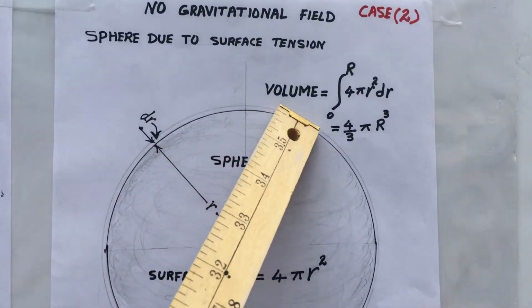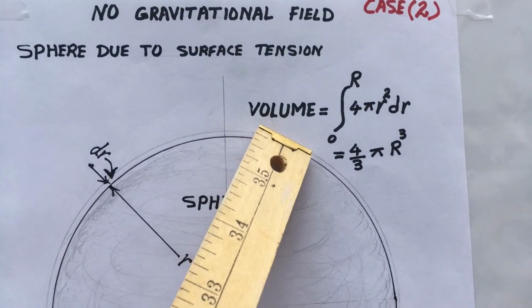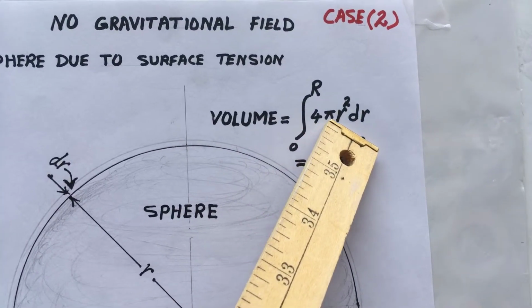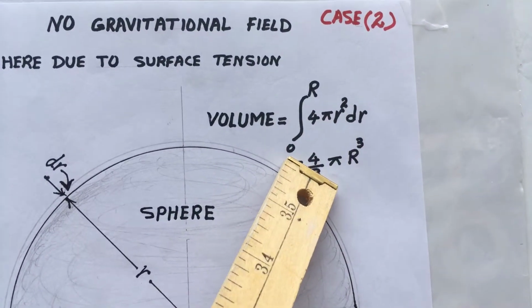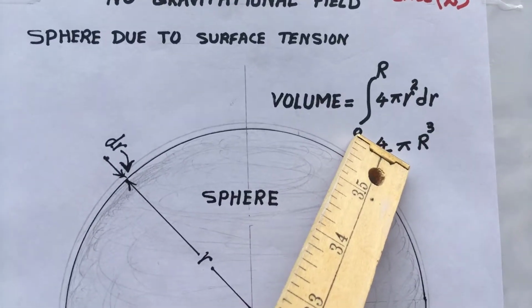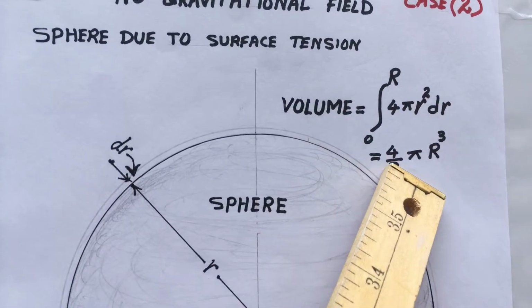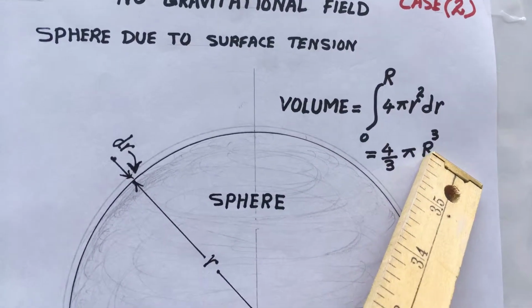If we have to calculate the volume mathematically, we take 4 pi r squared as the surface area, and we integrate it from 0 to any radius r. The volume becomes 4/3 pi r cubed.